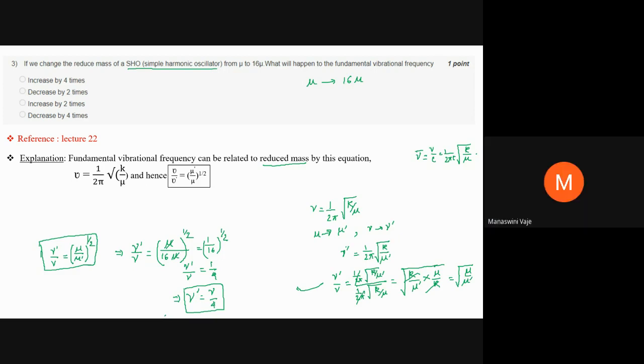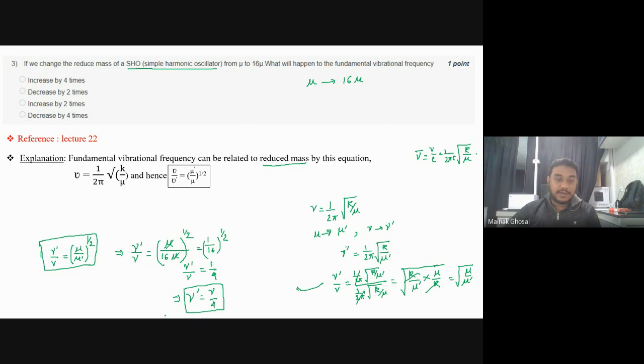Decrease by 4 times, exactly. So you can see here that your nu prime will be 1/4 of this nu, which means it will decrease by 4 times. So this is your correct answer.